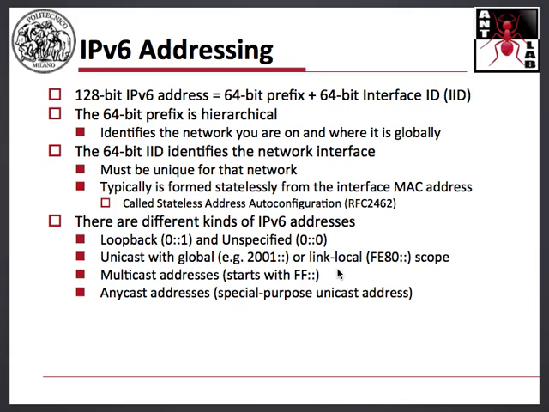You have two subclasses here. The first is the global scope, which means nodes outside the network of the sender of the IP packet. The second is link-local, which means nodes which are in the range of the sender. Just keep this in mind because we will use these concepts in the compression of the IPv6 header.